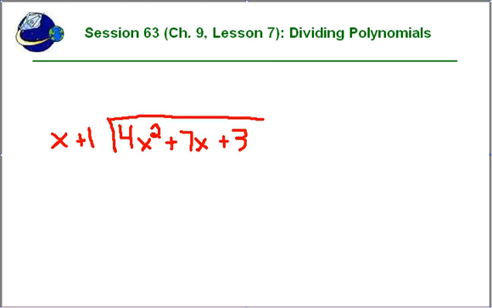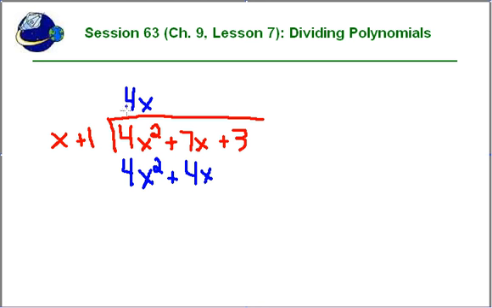Well, x times 4x is 4x squared. So let's go 4x times our x plus the 1. And remember, you have to do each of these one by one. 4x times x is 4x squared. And then 4x times a positive 1 is plus 4x.